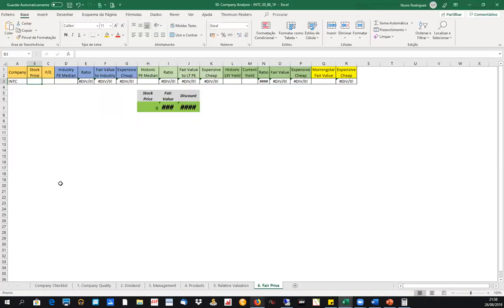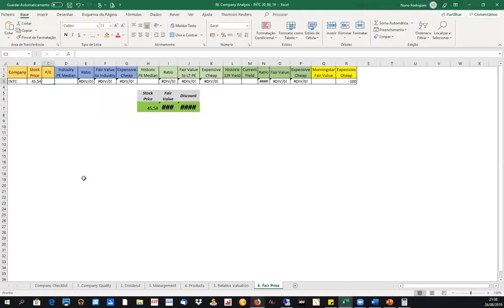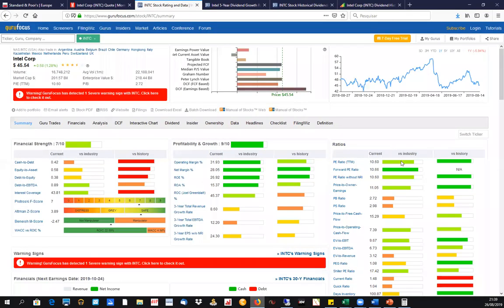We have a current price to earnings of 10.60, and the industry price to earnings median, if we place the mouse on top of the line here, for semiconductors is 18.71.